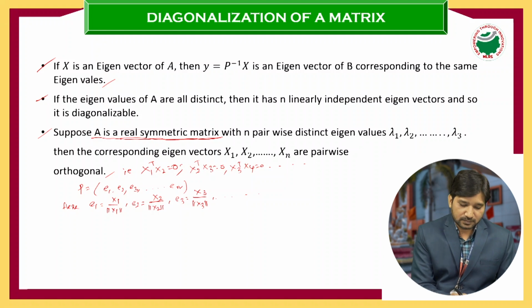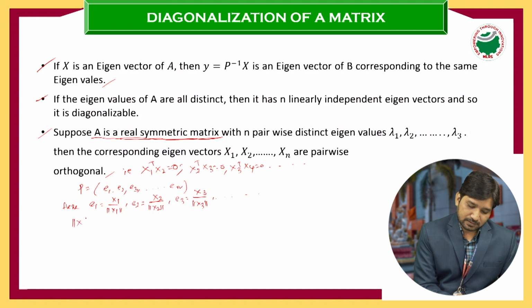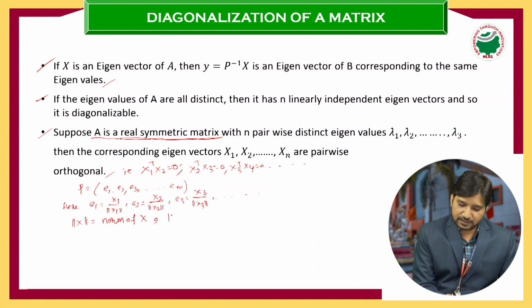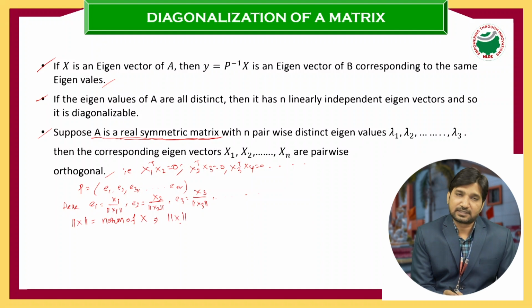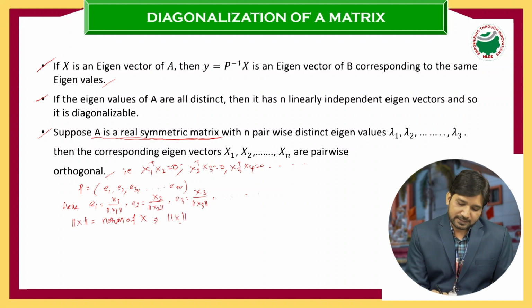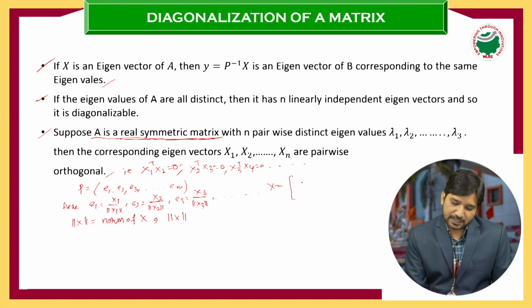Here norm of x means norm of capital X. We can write, suppose x is an eigenvector, let us take any example, x is a, b, c.